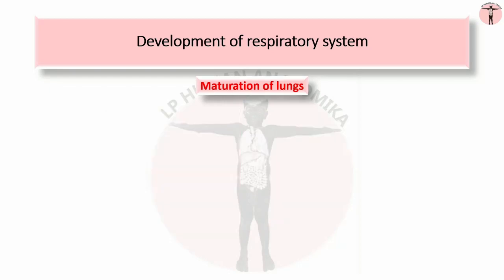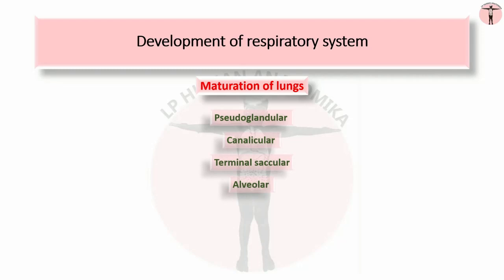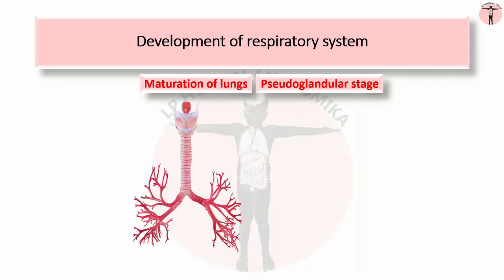Maturation of lungs is divided into 4 stages: pseudoglandular, canalicular, terminal saccular, and alveolar. The pseudoglandular period extends between 6 to 16 weeks. The developing lungs histologically resemble an exocrine gland during the early part of this period.